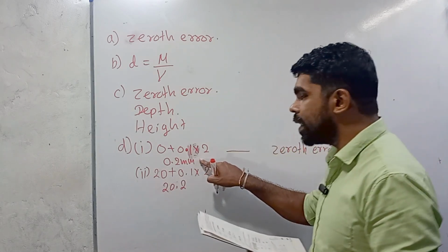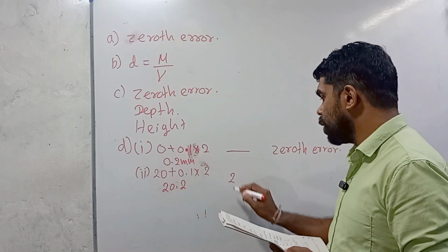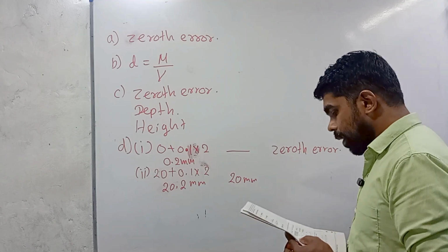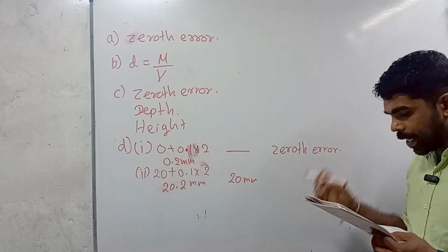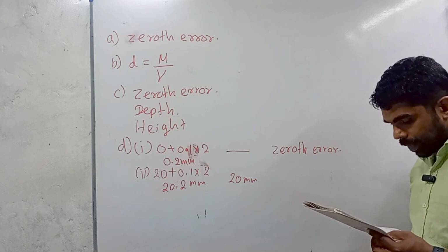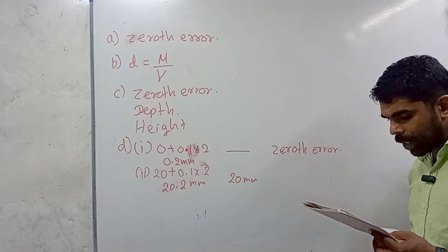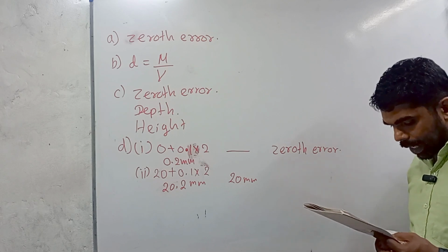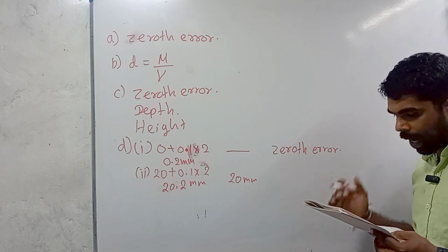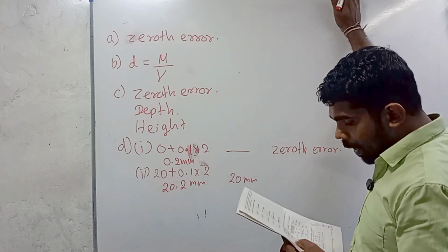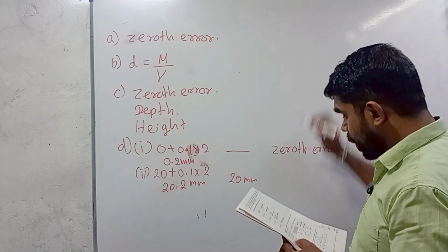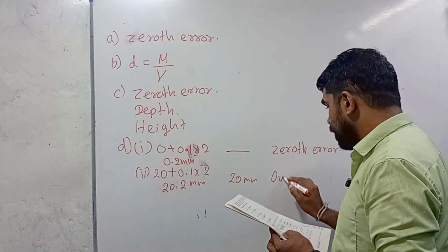We have to subtract the zero error. Then we can obtain 20 millimeters. And you can identify external jaws are used. Therefore, it should be outer diameter or height, but height should be the greater value, you can identify the fifth part is the greater value. Therefore, this one should be outer diameter.